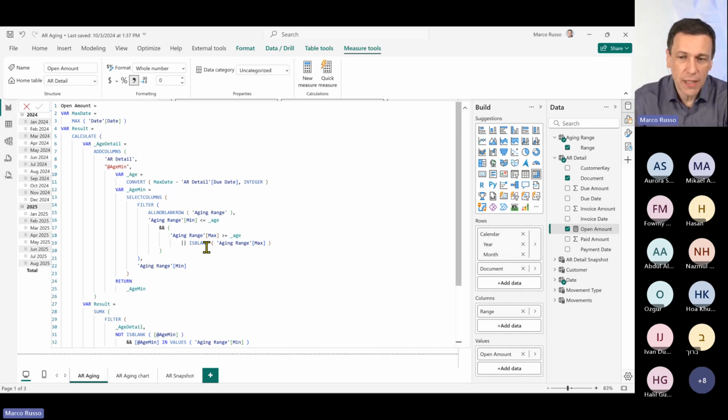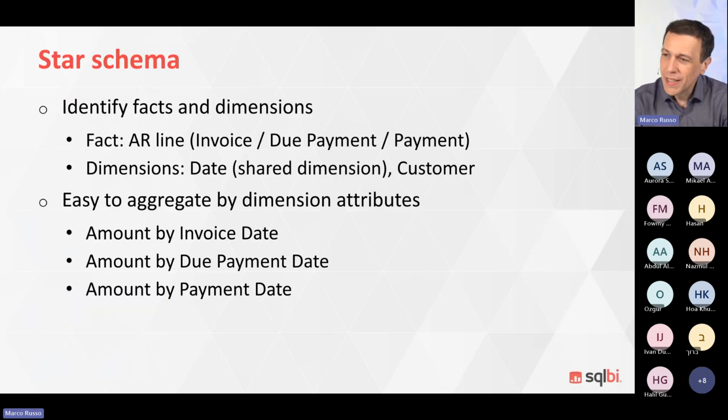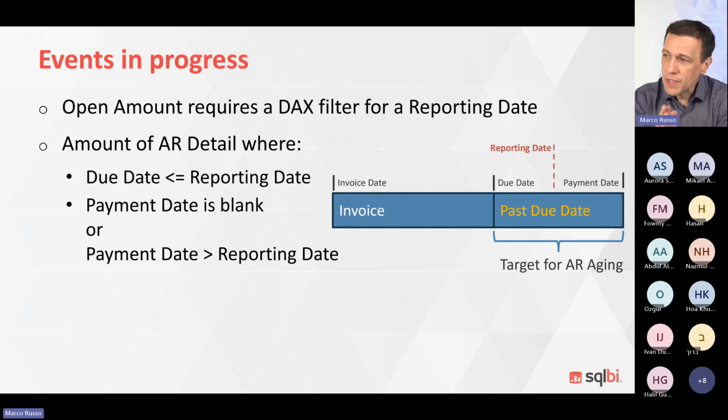In the slides, I quickly describe the events in progress pattern, where we have a model that has the same structure and the same requirements as the generic DAX pattern, which is a mix between a data modeling pattern and a measure written in DAX.